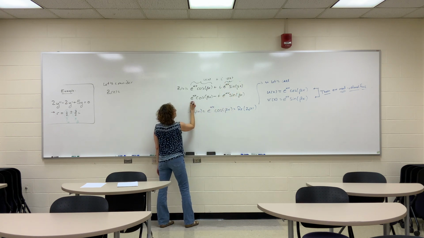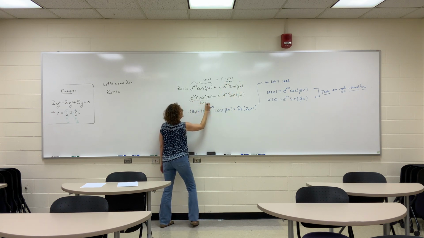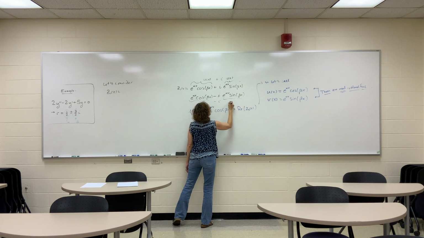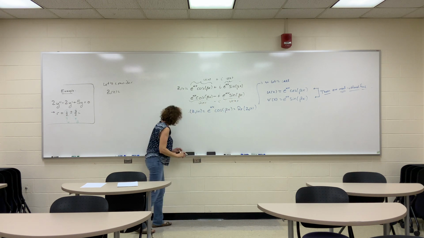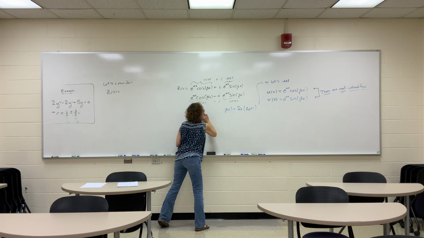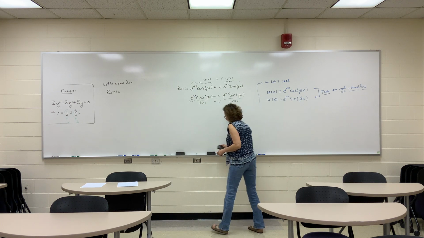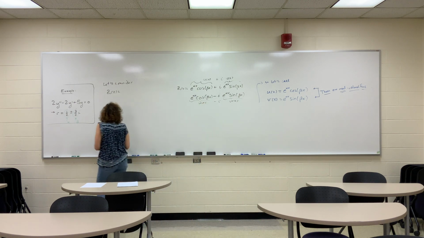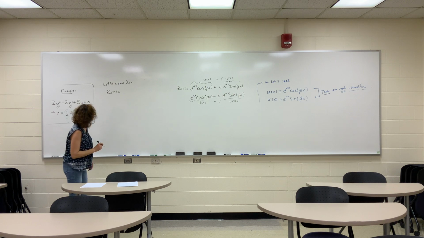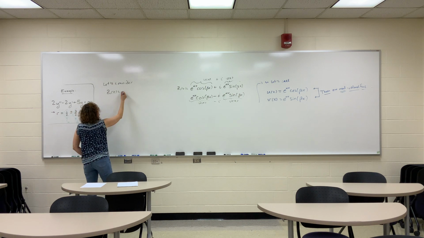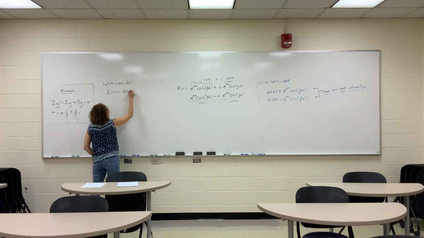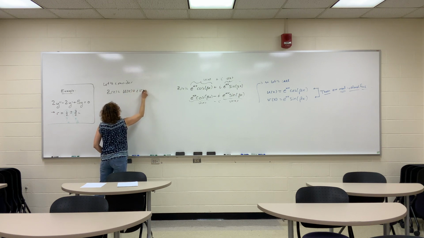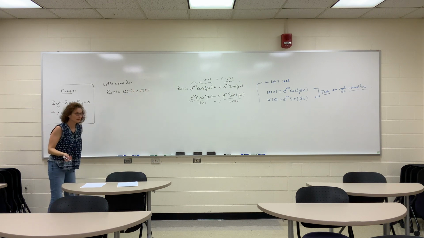And what is Z2? Z2 is U of x minus i times V of x. Yeah? Z1 is U of x plus i times V of x.